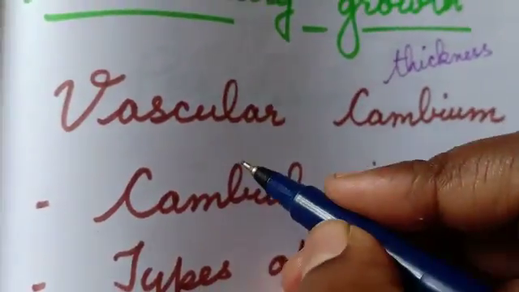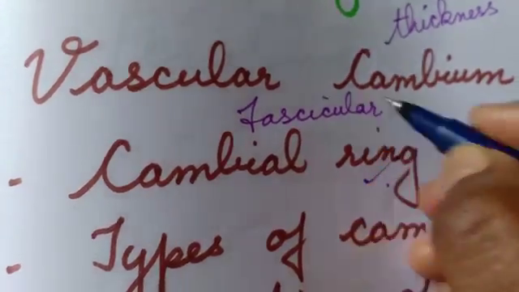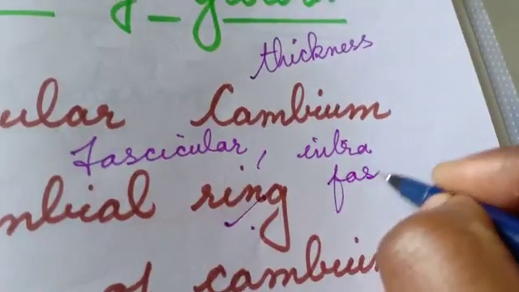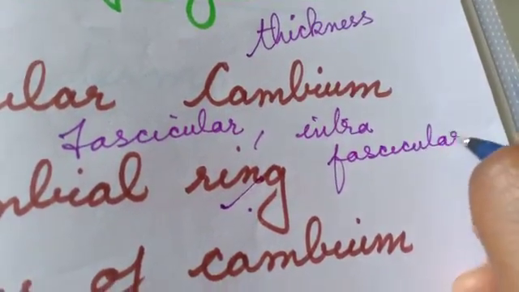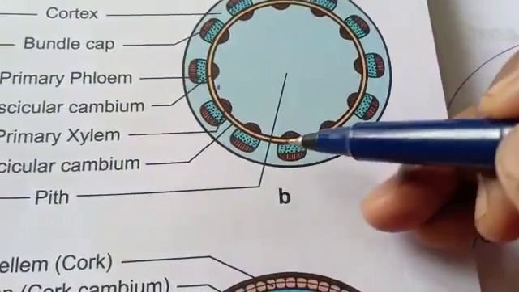To make a cambial ring you need a fascicular cambium and interfascicular cambium. This is the fascicular cambium which is present, and it forms here the interfascicular cambium. Both together are called the cambial ring. So that is the cambial ring.